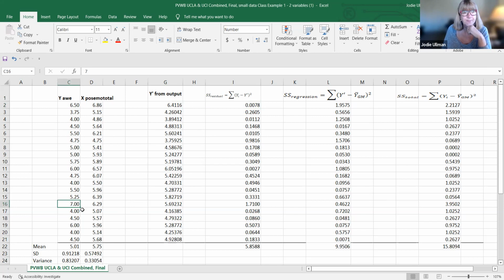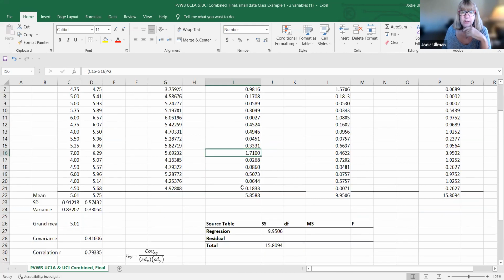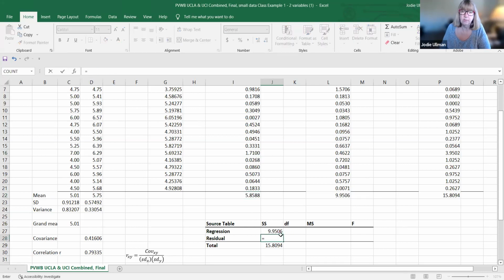Lots of awe. We actually predicted it would be much lower, 6.29. So we were off, and you can see that difference is larger. So we do this, you're good at Excel, and we end up with 5.8588. And so stopping there, what questions do you have?